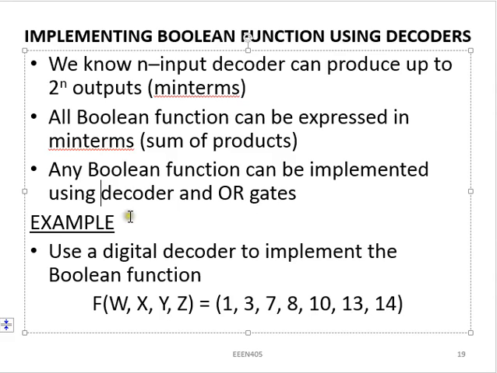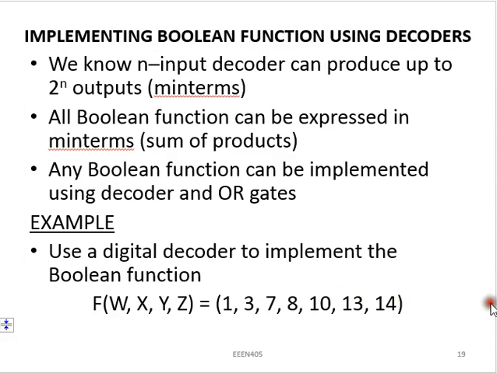For us to understand this, here is a typical example. We have a function f which has w, x, y, and z, and the min terms available in the function are 1, 3, 7, 8, 10, 13, and 14, and we are asked to use a digital decoder to implement it.